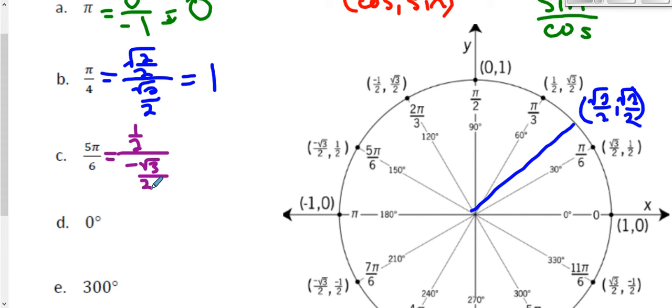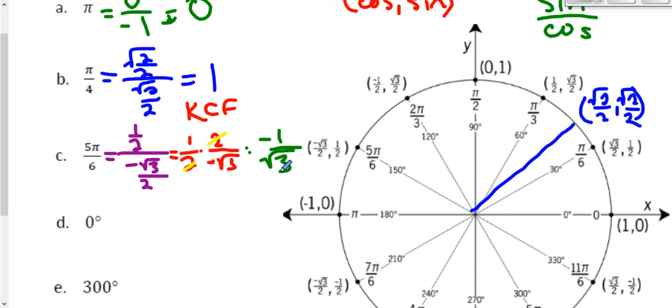Now this one we actually have to do some dividing fractions, but to divide fractions all we have to do is keep, change, flip. So we're going to keep the 1/2, change the sign to multiplication, and flip the other guy upside down, 2 over -√3. Now when that happens, these 2's will cancel, and our answer is going to be -1 over the square root of 3. It doesn't matter where the negative goes.